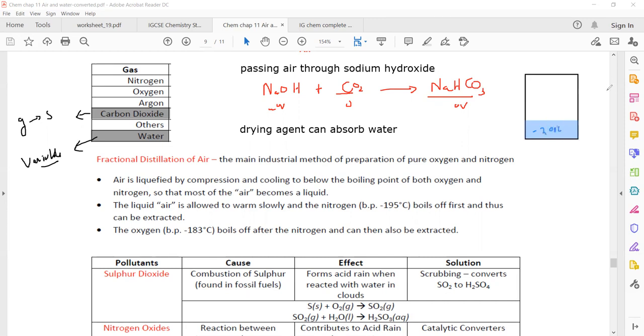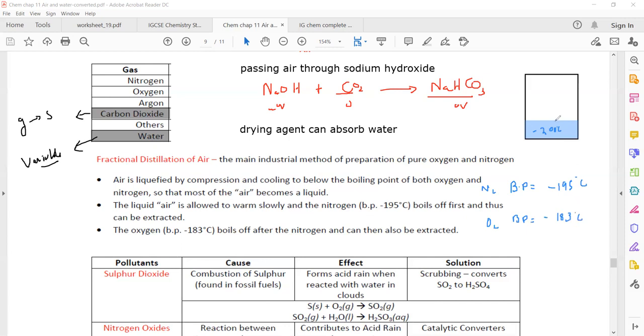Okay, so it is in a liquid state. The boiling point of nitrogen is minus 195, and the boiling point of oxygen is minus 183. Boiling point means the temperature at which the substance changes from liquid to gas.